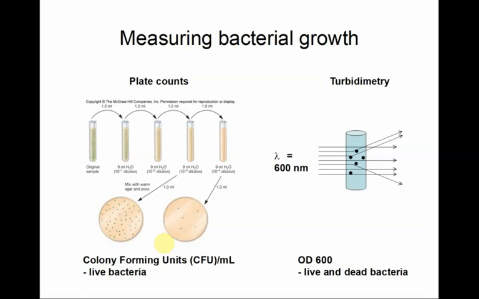The relationship between OD600 and CFU per ml is more or less that 1 OD600 is about 10 to the 9 CFU per ml. But it varies between bacterial species because bacteria have different sizes and shapes, so the specific relationship will be different. So it's 1 times 10 to the 9 CFU per ml, plus or minus a factor of 10 depending on the bacterial species.